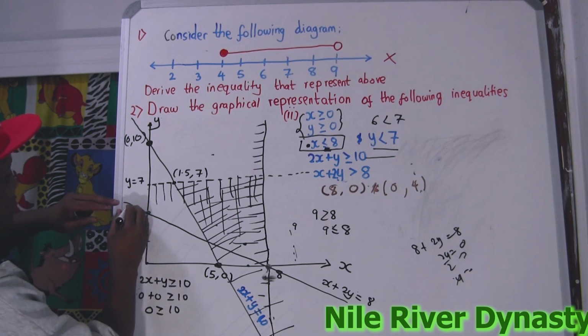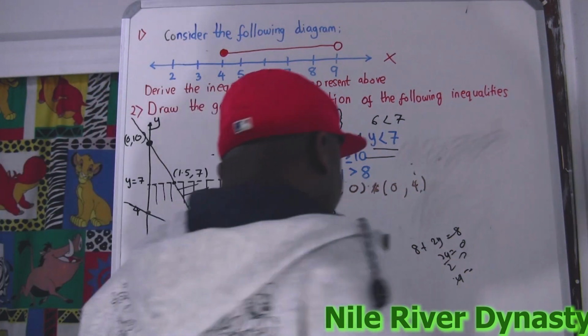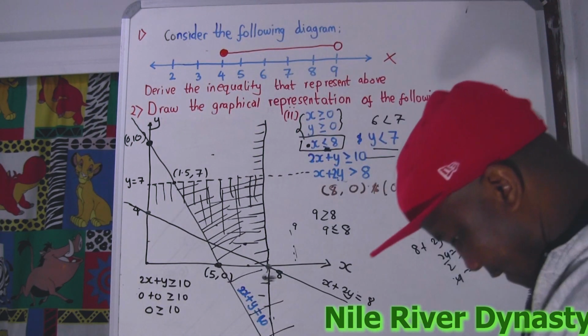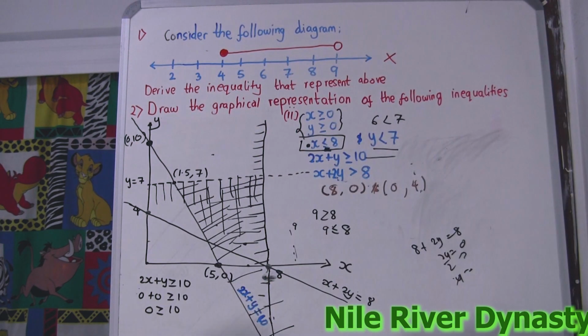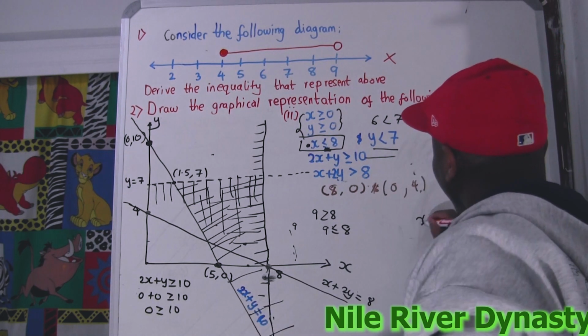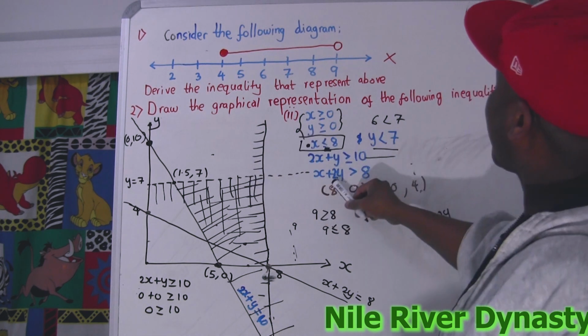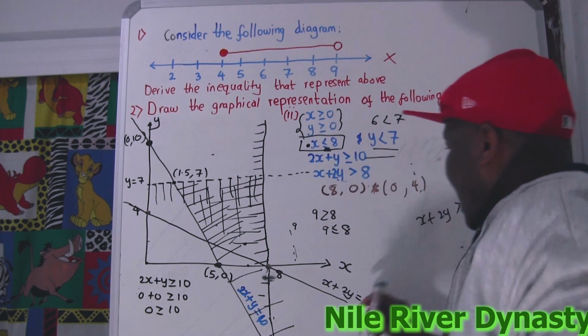Now let's take 6 and 2. So for this line, which line? This one, from here: x plus 2y is greater than 8. Now let's see.